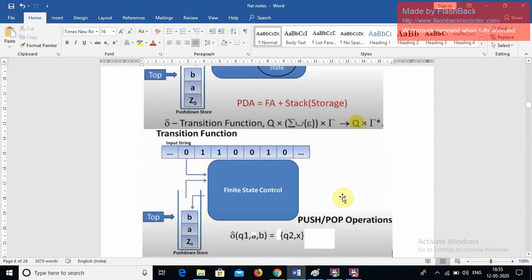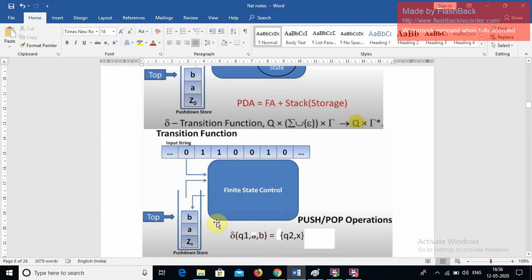So if we give a transition function like this, that is delta of q1, 0, b equals q2, x. What does it actually mean? Here the input string starts with a 0, right? And at the same time the stack symbol. This is nothing but an ID, right? An ID consists of three elements: one is the state, the second is the input symbol, the third is the stack symbol.